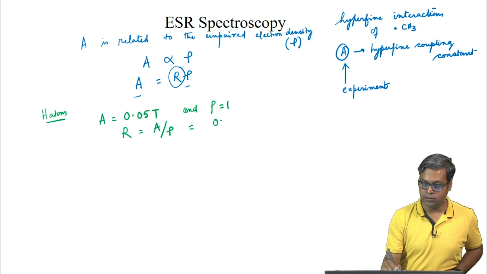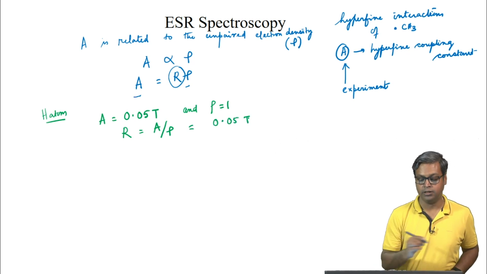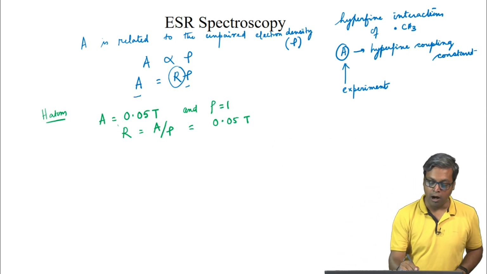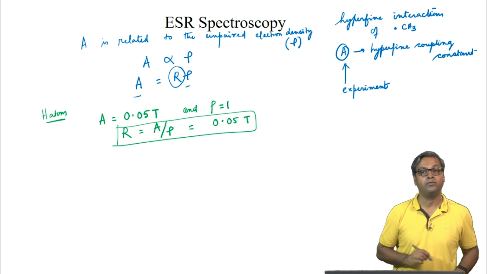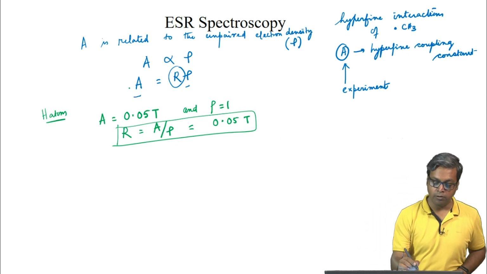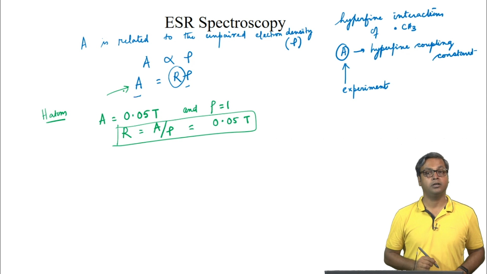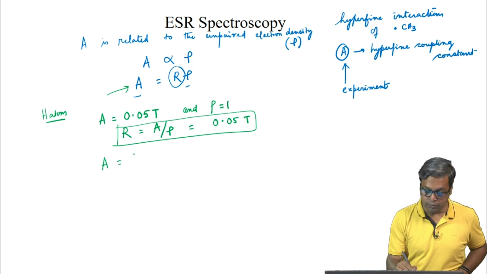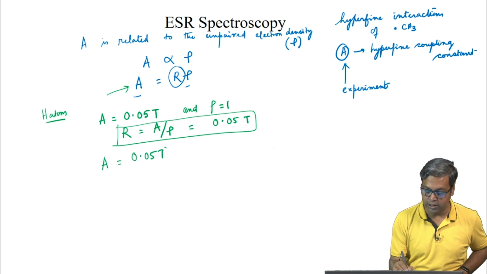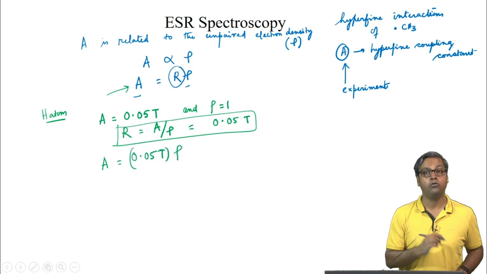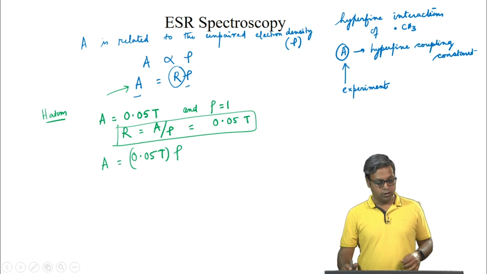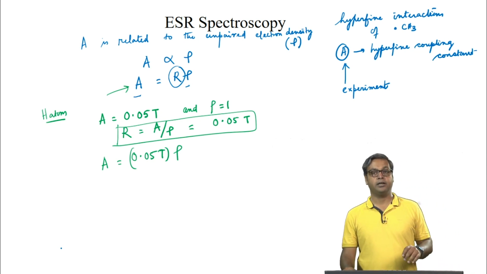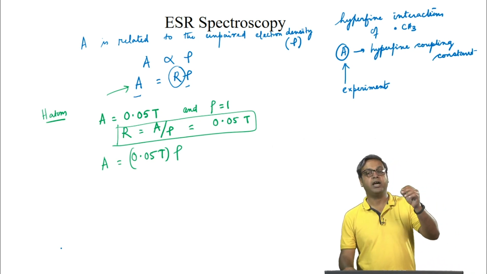So, that is 0.05 T, because rho equals 1, and because R is given by 0.05 T, we can go back to this equation and write A equals 0.05 T times rho.